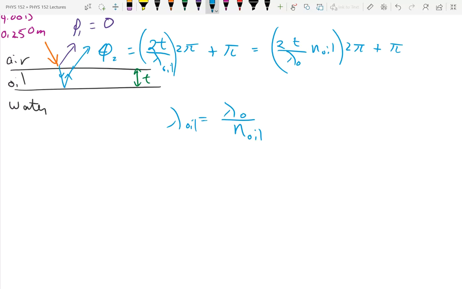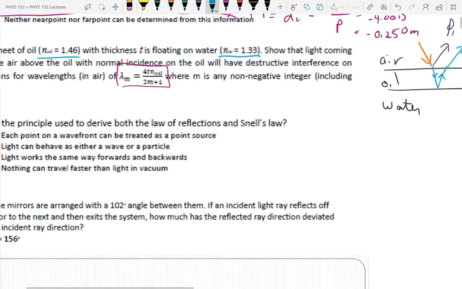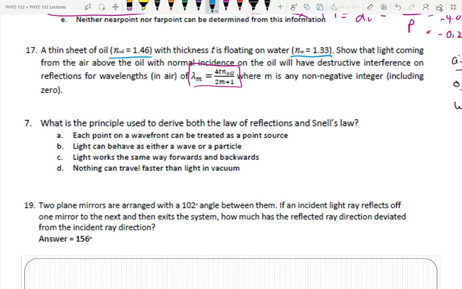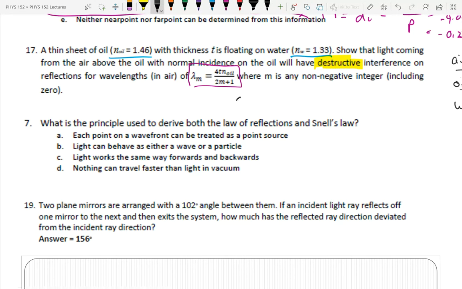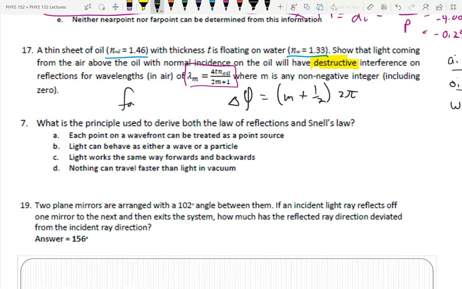Now we're comparing the phase, and we have to use the condition for, and the problem asks, is it destructive or constructive? We have to use the condition for destructive interference. So the change in phase is equal to m plus 1/2 times 2 pi radians for destructive interference.